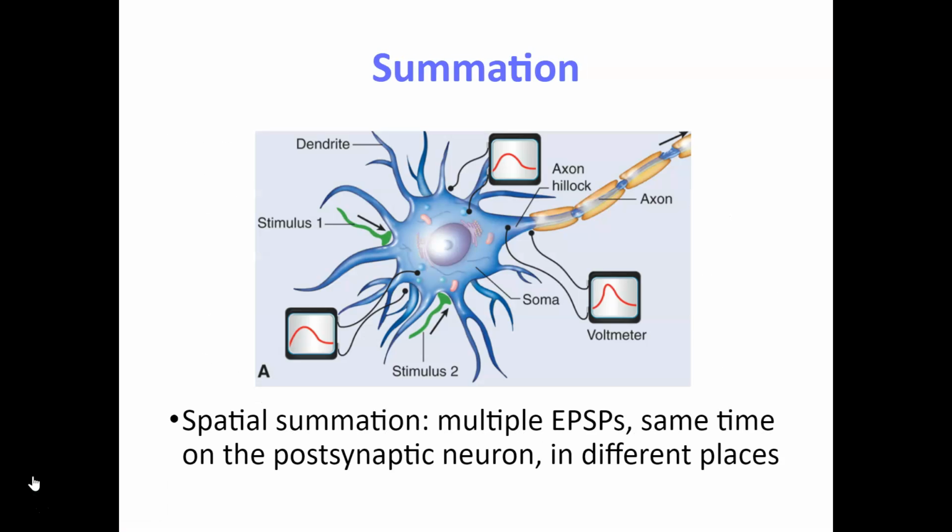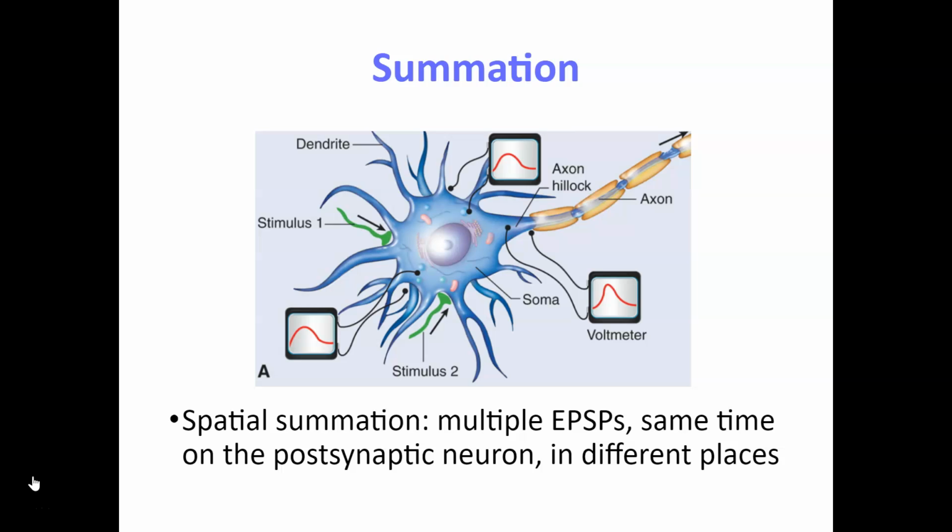So the first type of summation for you to know is called spatial summation. So remember, a neuron receives stimuli from many other neurons. So even though in pictures in the textbook, they show one synaptic knob and one dendrite, really one neuron is receiving input from multiple different neurons.